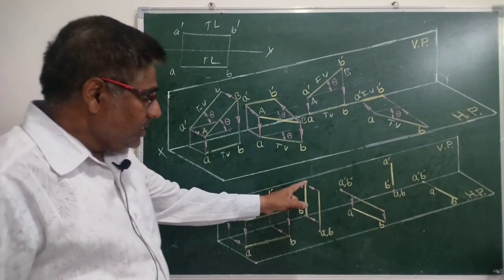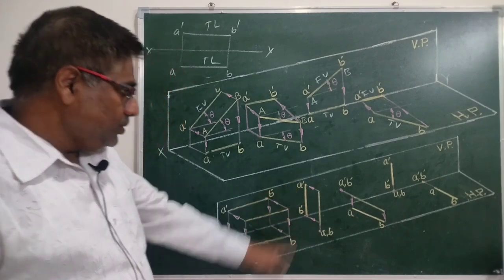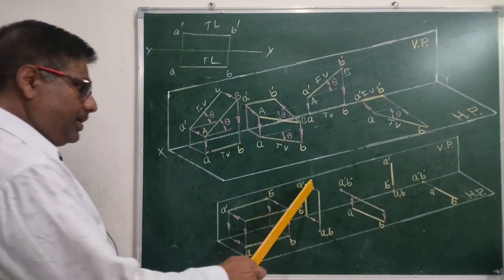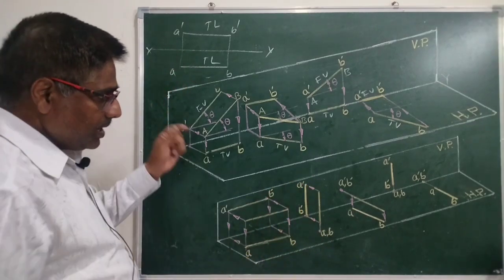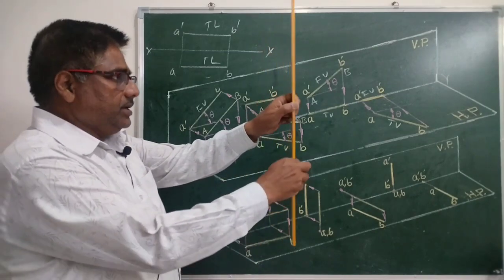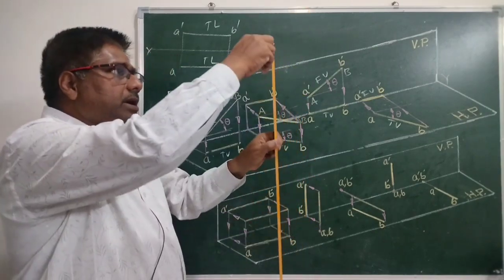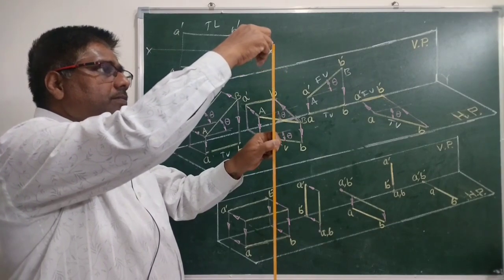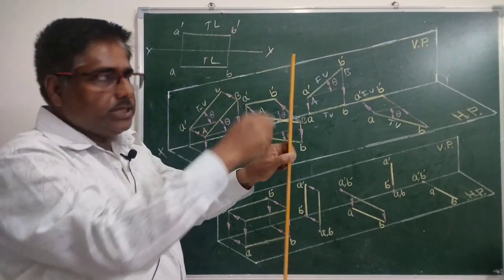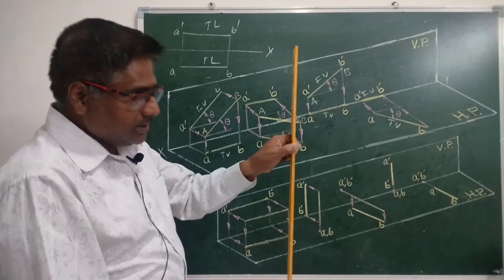Now, next case is line perpendicular to HP and parallel to VP. See, this is parallel to VP and perpendicular to HP. When we try to draw the top view, we are supposed to project these two ends on horizontal plane.